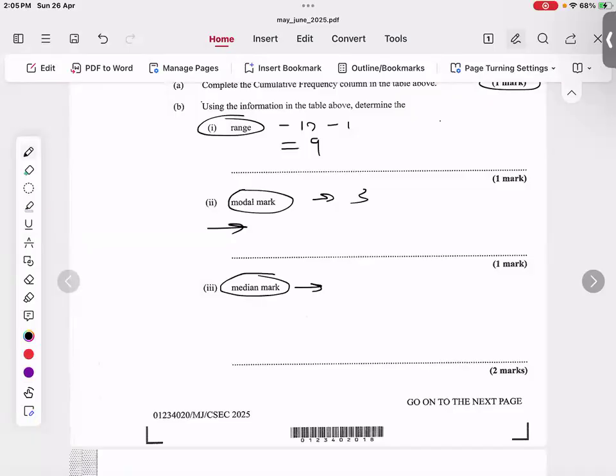All right, median. The symbol for median is Q2. All right, and median is sometimes called 50th percentile. So median is basically what we refer to as the middle observation.